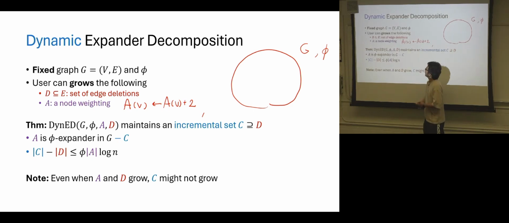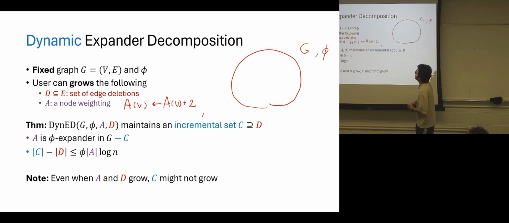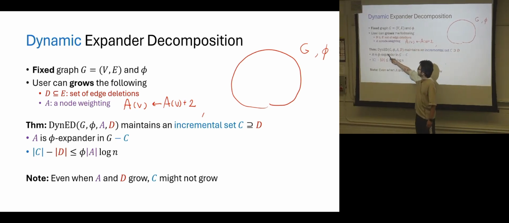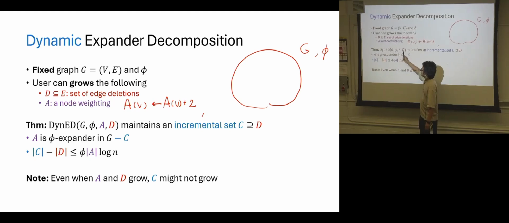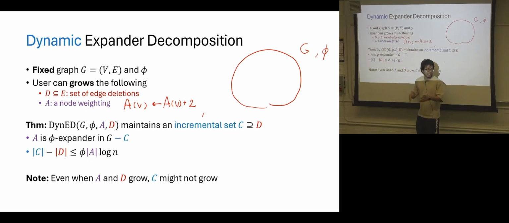So what do we want exactly? We want to show this subroutine that gets the graph, a parameter phi, and this A and D. This A and D keep updating.